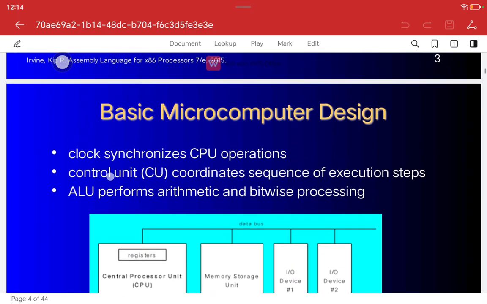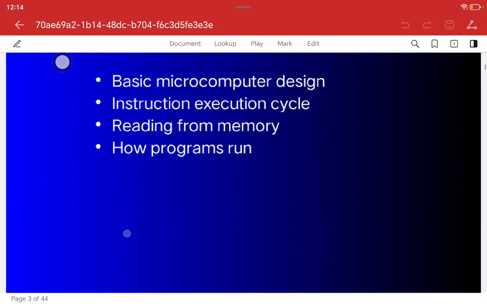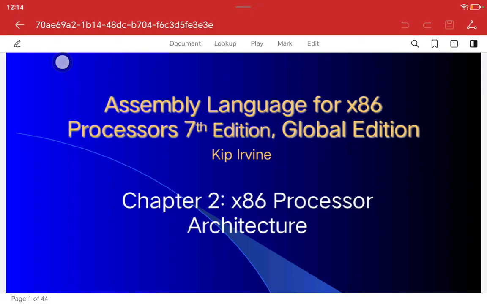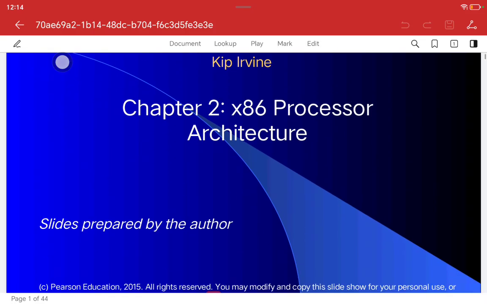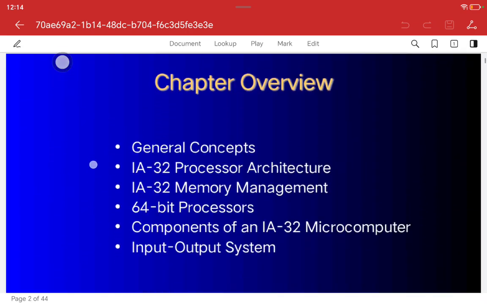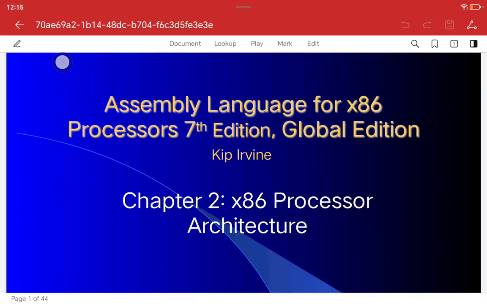So the first thing that we can look at from this chapter, we can see we are saying that here we're going to be focusing on the x86 processor architecture. The first one was overview concepts. We're just doing some overview concepts. Then on this one, we'll be focusing on what makes up this processor, right?